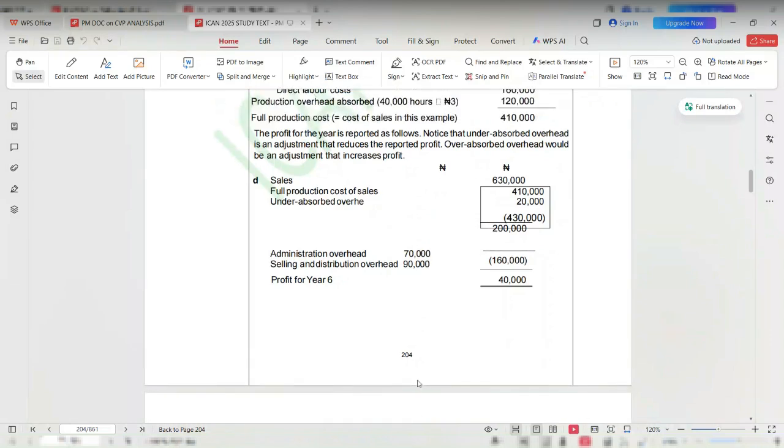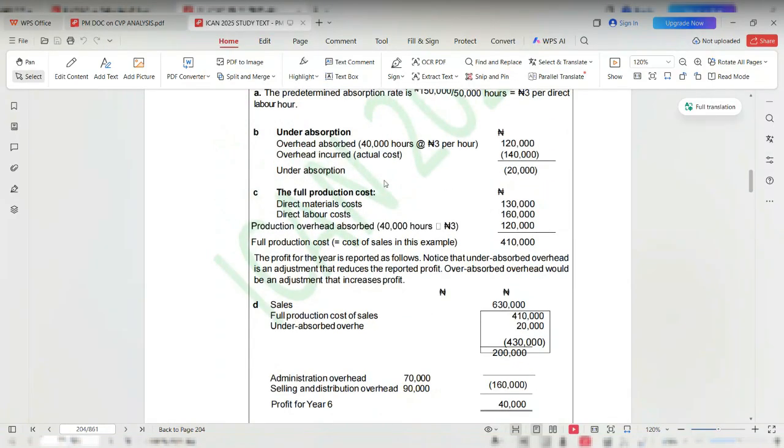So we have this 220. If you want to get our profits now, we just subtract the expenses. So this is absorption costing for you. Assuming we are under marginal costing, we would have been talking about contribution. After we've gotten our contribution, we would have said, okay, let us now bring in our fixed cost.